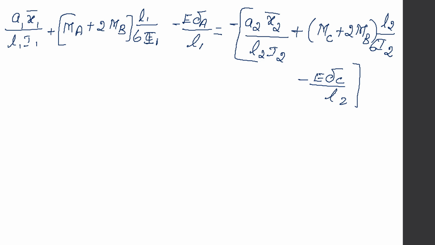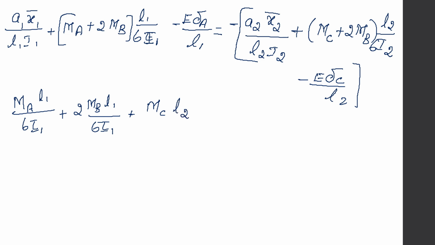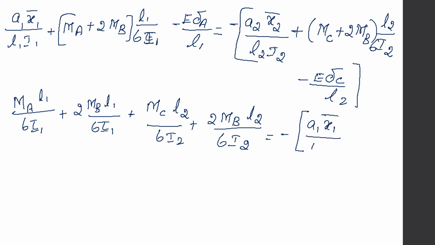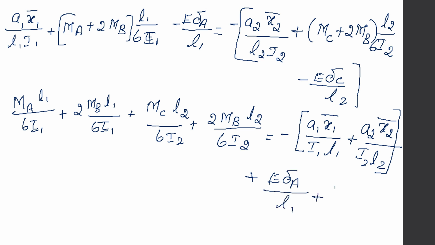So, which implies MA into L1 by 6 I1 plus 2MB into L1 by 6 I1 plus MC into L2 by 6 I2 plus 2MB into L2 by 6 I2 is equal to minus of A1 x1 bar by I1 L1 plus A2 x2 bar by I2 L2 plus E delta A by L1 plus E delta C by L2.